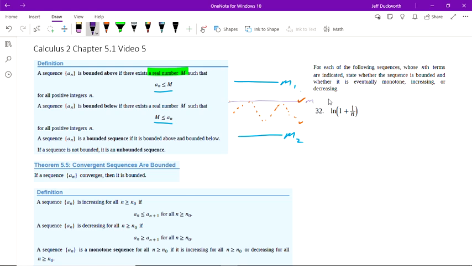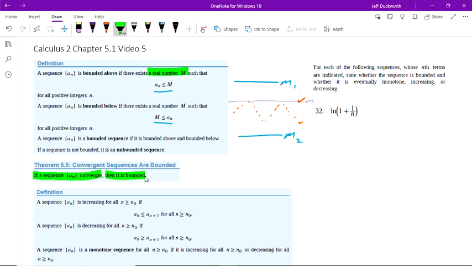Theorem 5.5. This is a very short but very important theorem. It says if sequence a_n converges, then it's bounded. If it converges to something, that means it's not going off to infinity or negative infinity.